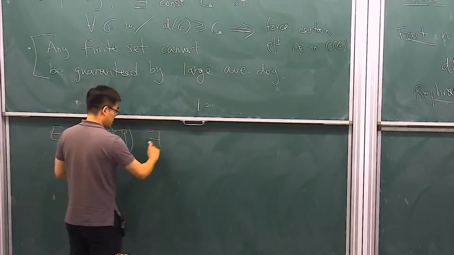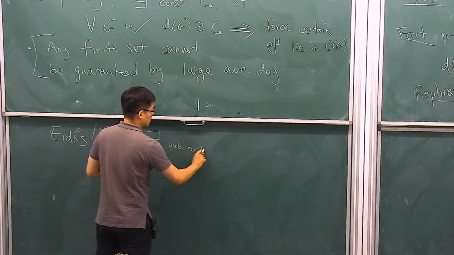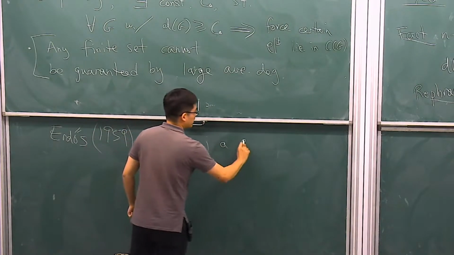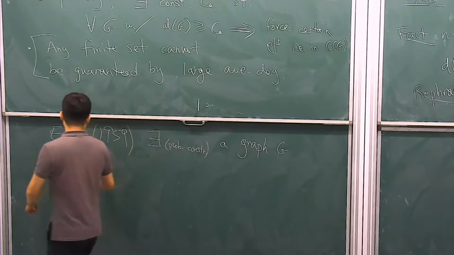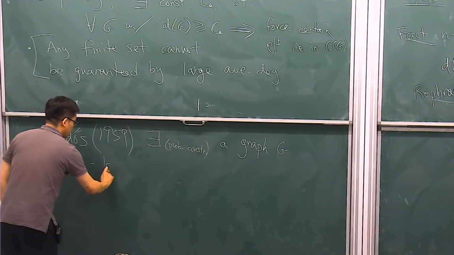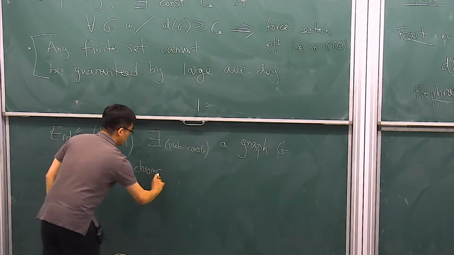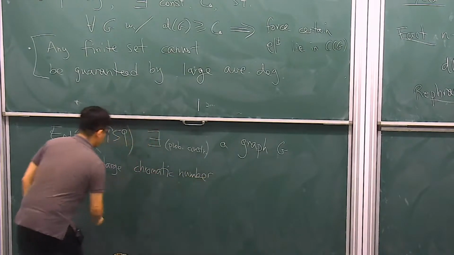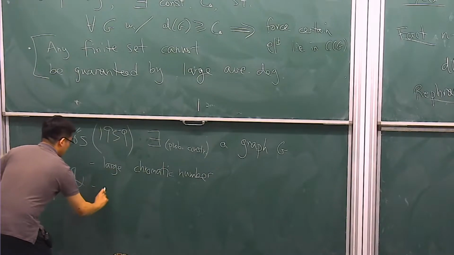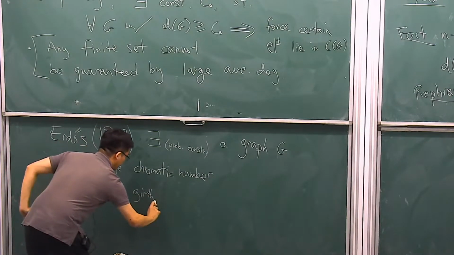So there exists a probabilistic construction of a graph G with two properties: large chromatic number and large girth.